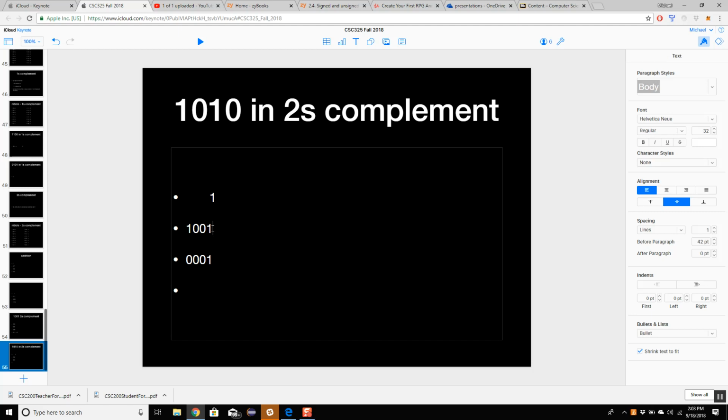So we have 1 and we have a negative 1, which gives us a 0. Right? Okay. 0 minus 0. 0 minus 0. 1 minus 0.